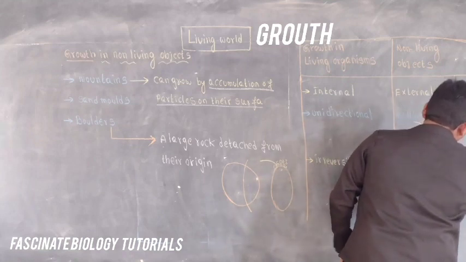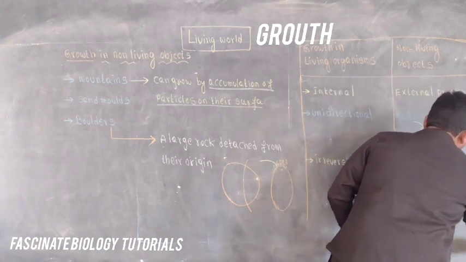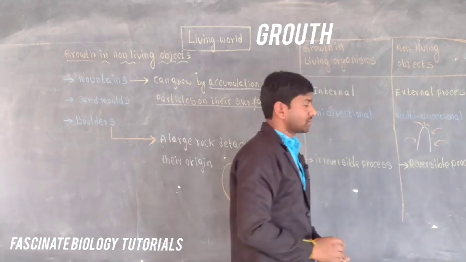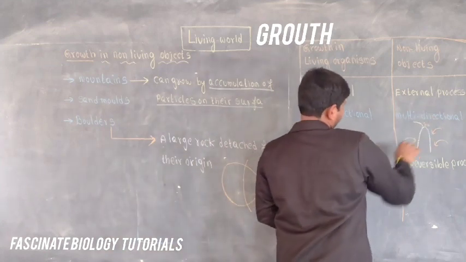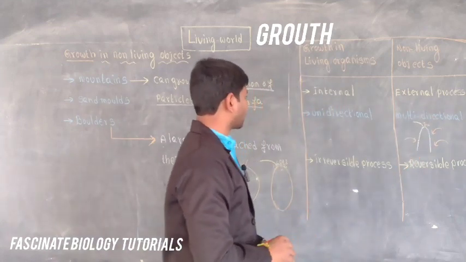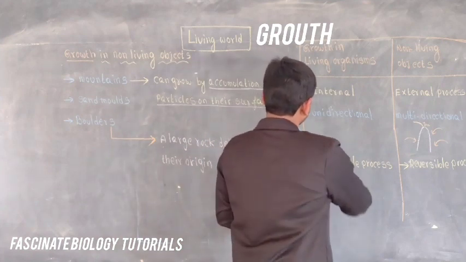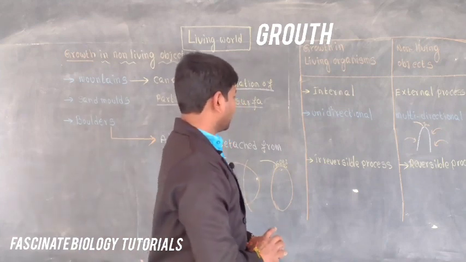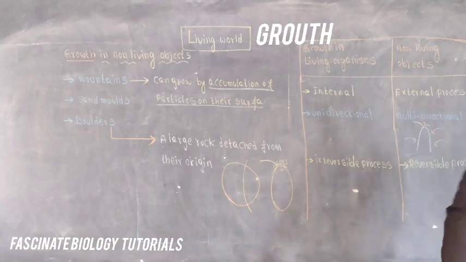In winter season it can grow in height by the accumulation of particles, but in summer season due to melting of the ice it reduces the height. That is known as a reversible process. Internal process, unidirectional, and irreversible process. These are the basic points about living organisms and non-living objects.